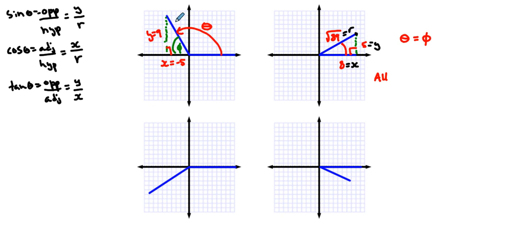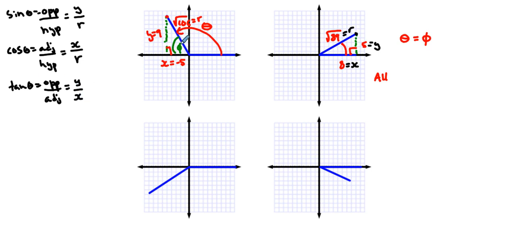Based on this, we can show that the r value is the square root of 106, all for this terminal point of (-5, 9). So based on this, which ones have x in them? Well, cosine does. It has the adjacent side, which is x, negative 5, and tangent has x, negative 5.